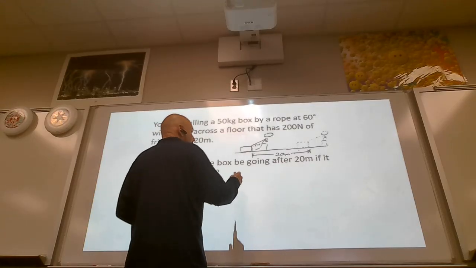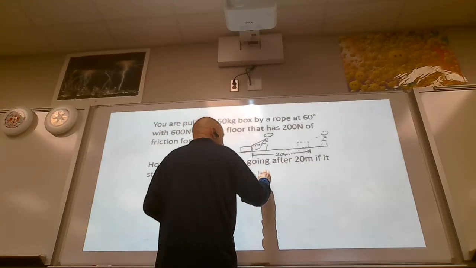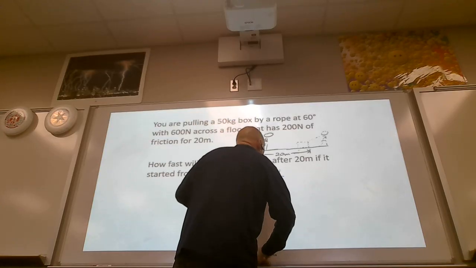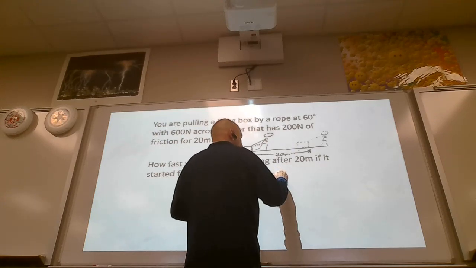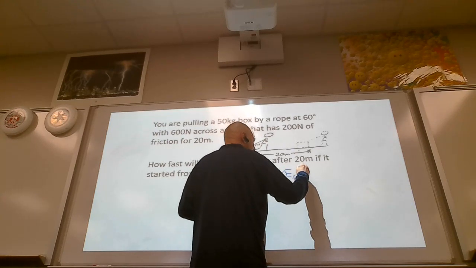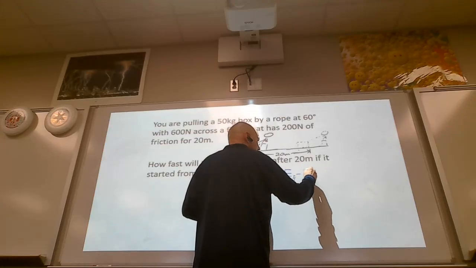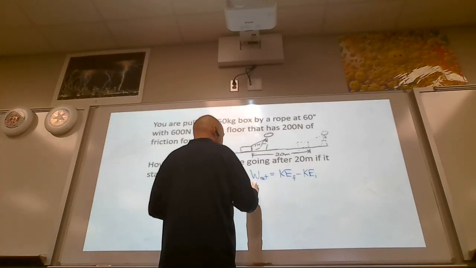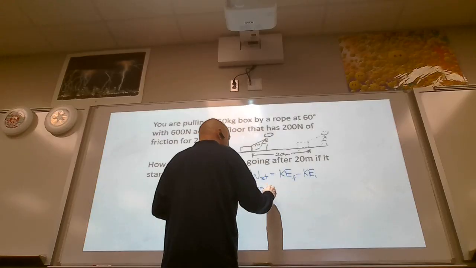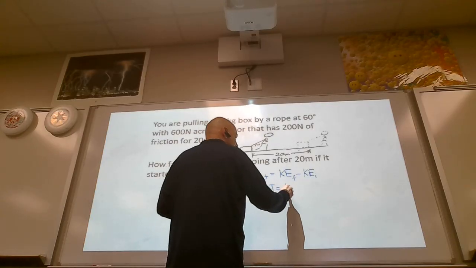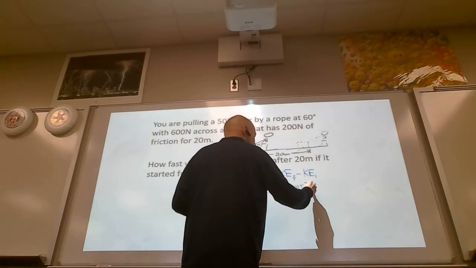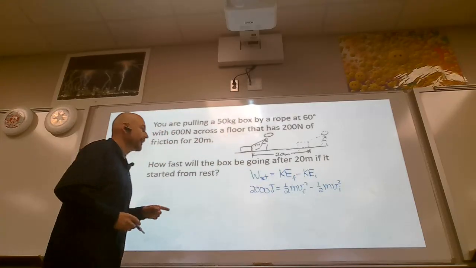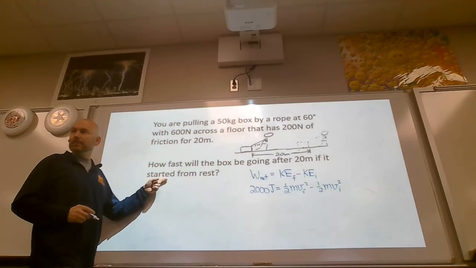All right, so what we're looking for is how fast, so that kind of screams kinetic energy. So we have final kinetic energy minus initial kinetic energy. And we know from yesterday that the net work was 2,000 joules. And this is 1/2 mass times speed squared final minus 1/2 mass times speed squared initial. It started from rest.